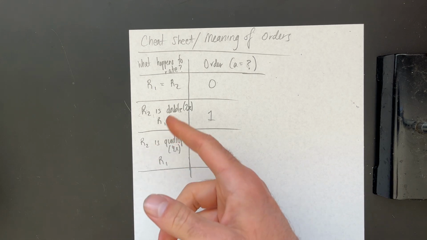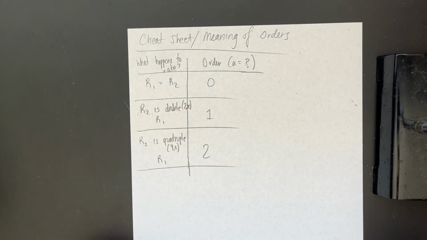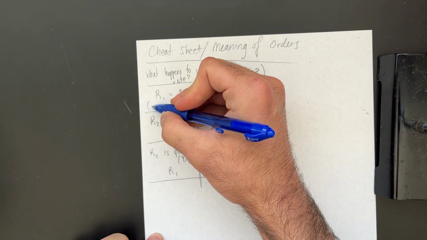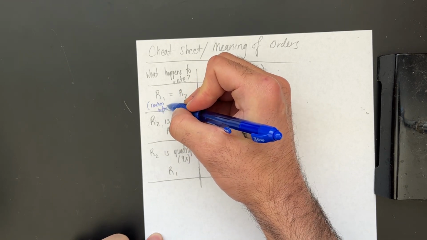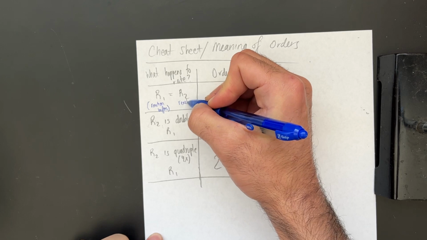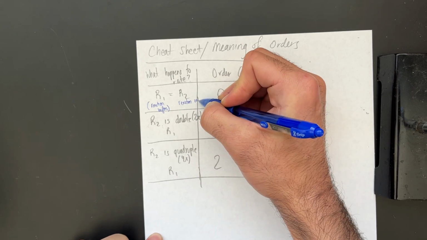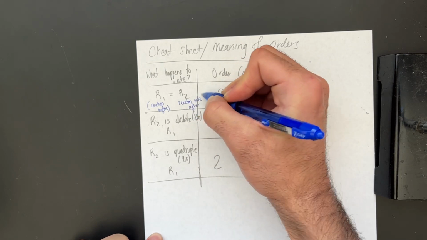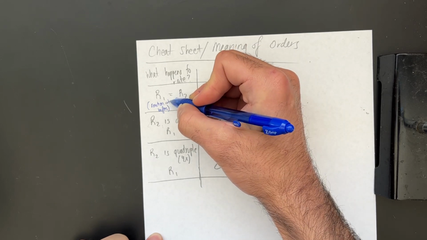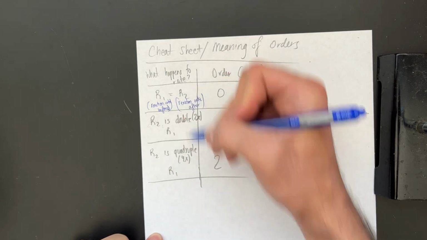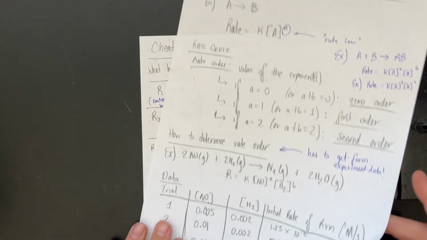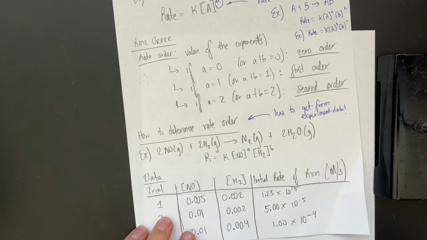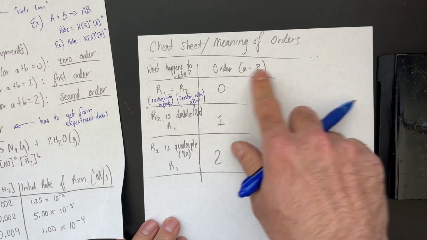reactants. The R1, which is our reaction rate before, is going to be equal to R2, our reaction rate after. So reaction rate before is going to be equal to reaction rate after. And so basically, the speed, the rate of the reaction isn't going to change even if we change our concentrations.